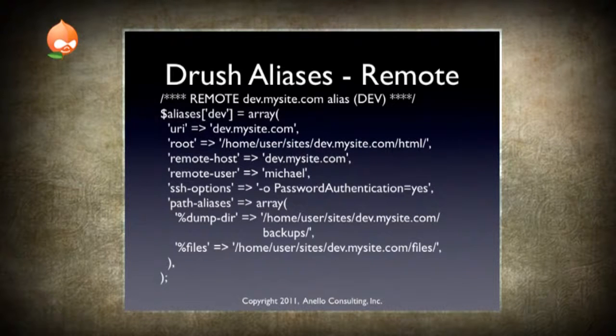What do you type into your browser in order to hit that site? In this case, maybe it's dev.mysite.com. But what's the absolute root on that server for that site? Well, this is probably a Linux server. I guess I just took this example from the home user sites, dev.mysite.com/html, whatever it is.